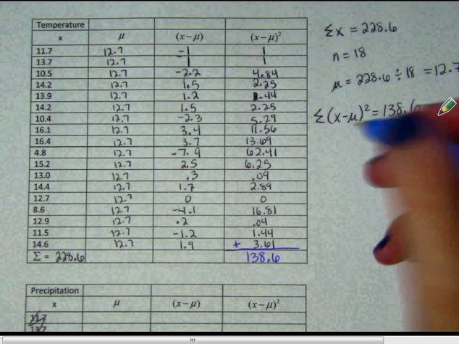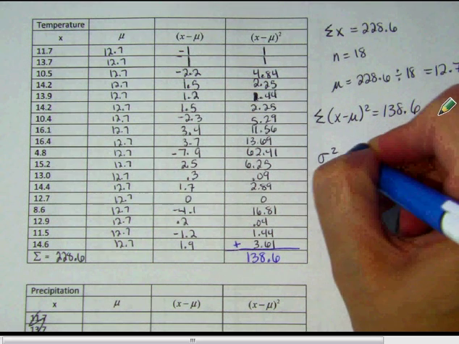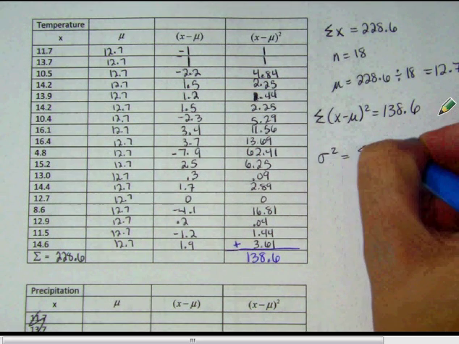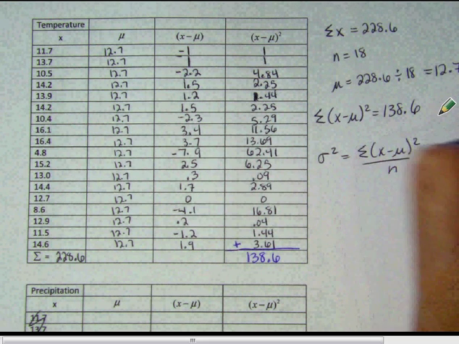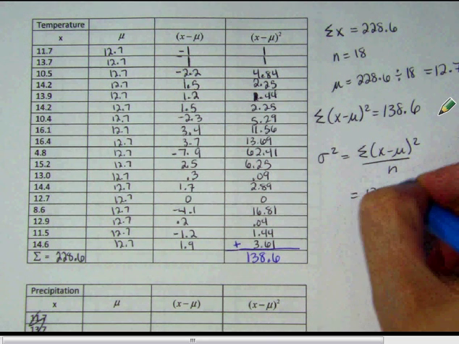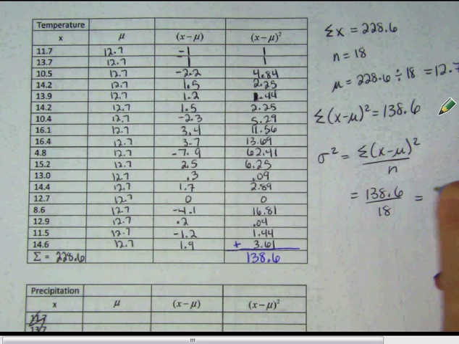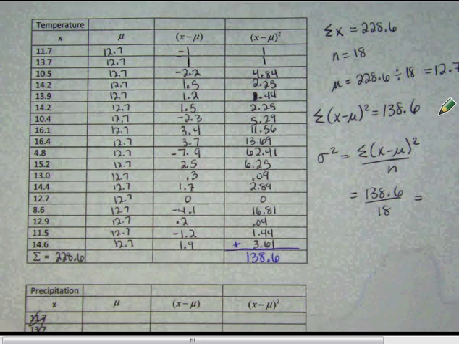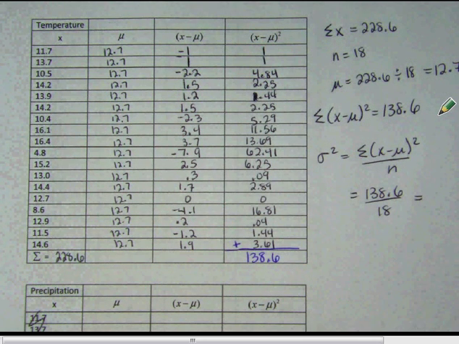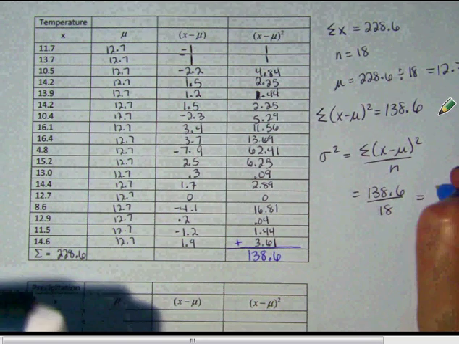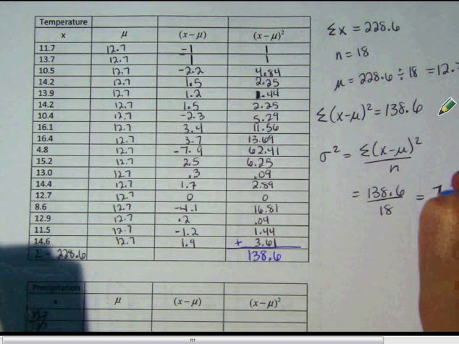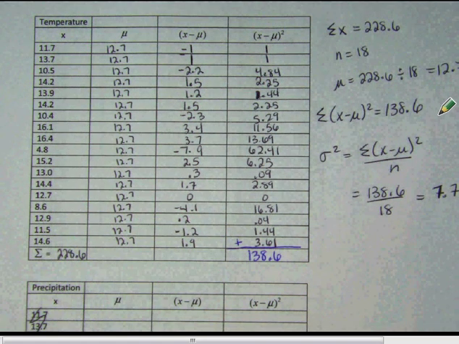Then for your variance, you get 138.6 divided by 18, which is 7.7. So your variance for the temperature is 7.7.